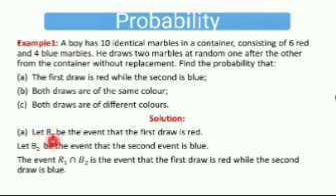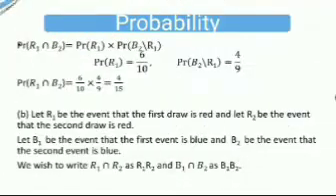Now, let R1 be the event that the first draw is red, and let B2 be the event that the second draw is blue. Now, the event R1 intersection B2 is the event that the first draw is red, while the second draw is blue. So, how are we going to do that?